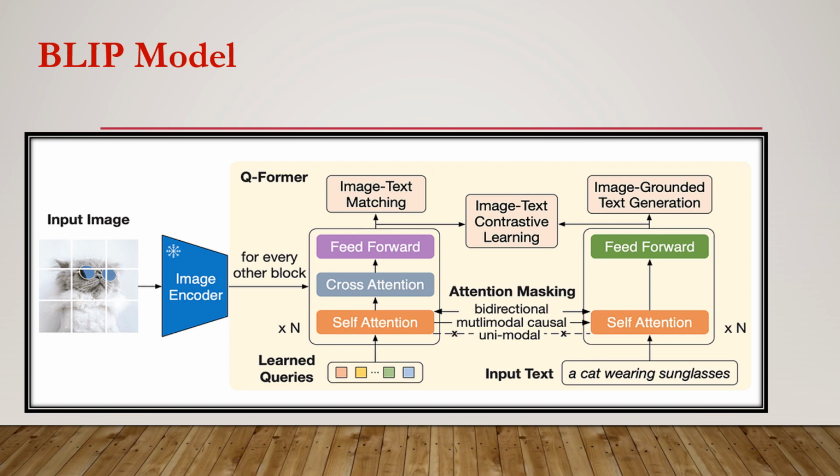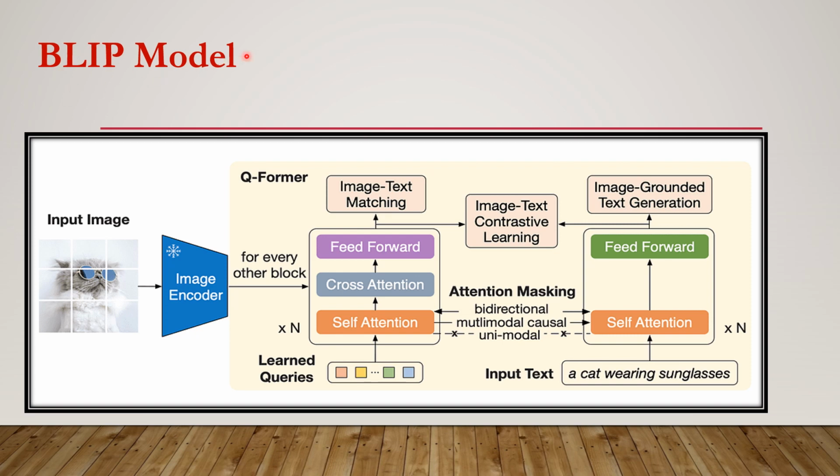Here we'll just discuss what happens if we leverage a pre-existing image captioning model. Can the generated captions become more relevant? For this purpose, we'll introduce a new model called BLIP. BLIP means Bootstrapping Language-Image Pre-training.